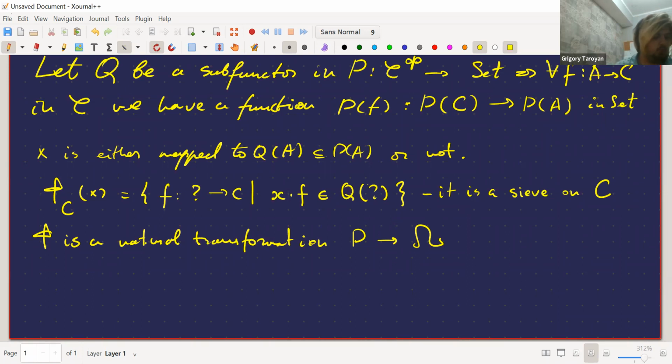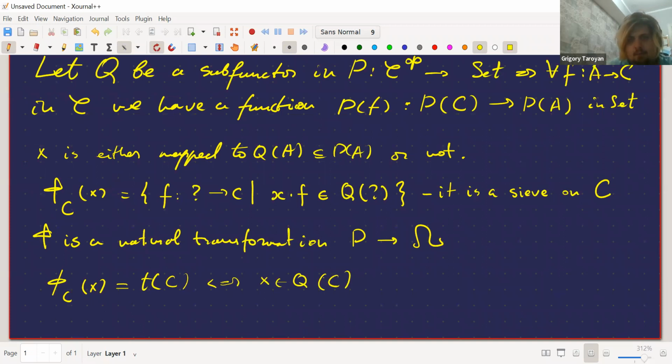Okay. Moreover, we know that the value of phi C on X is this maximal sieve precisely if and only if X already belongs to Q of C. Just looking at this definition, we see that any arrow fits the description if and only if X is already inside of Q of C. And so what we get is the following commutative diagram.